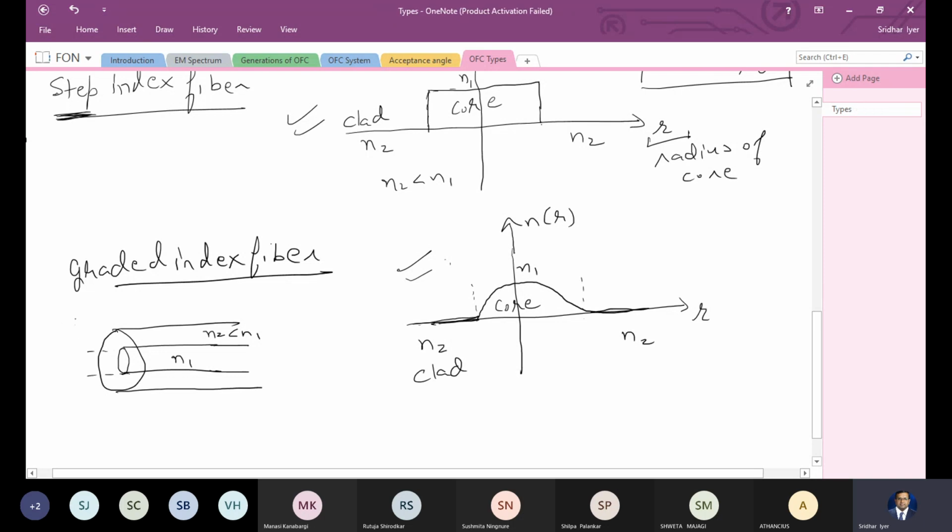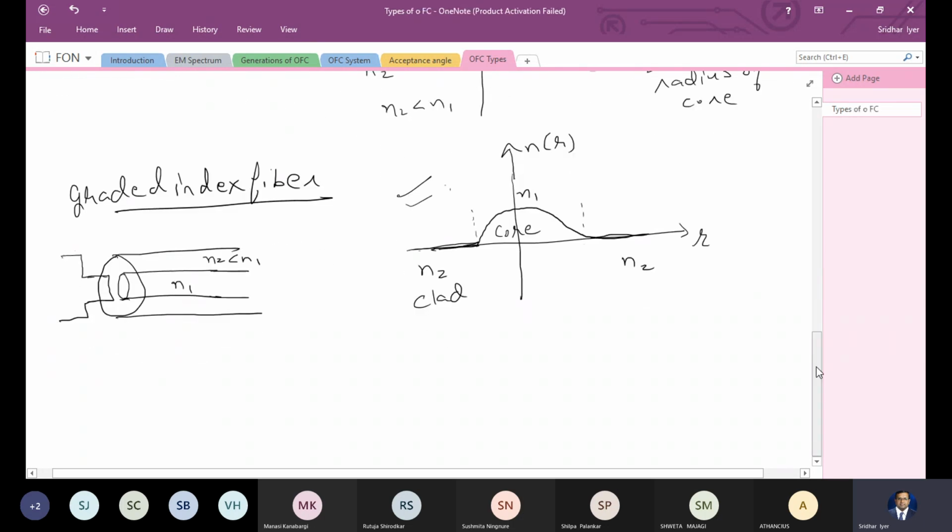So I move from the cladding, I come to the core, there is an abrupt change in the refractive index, and then I move here. So this is what is happening in step index fiber, right?